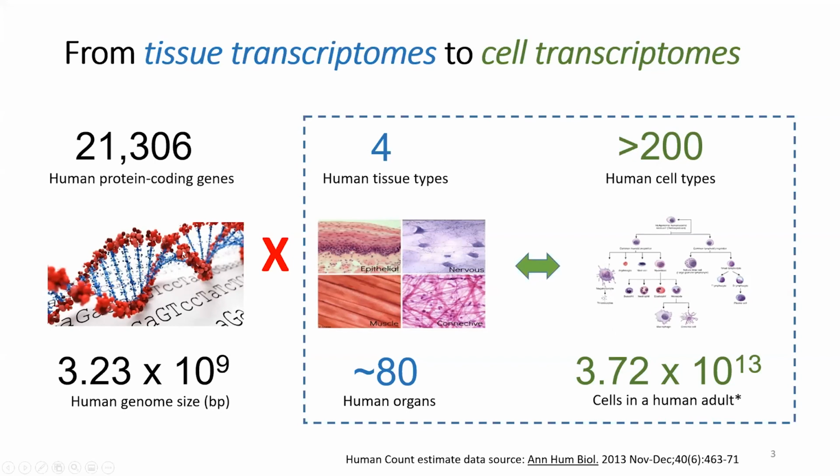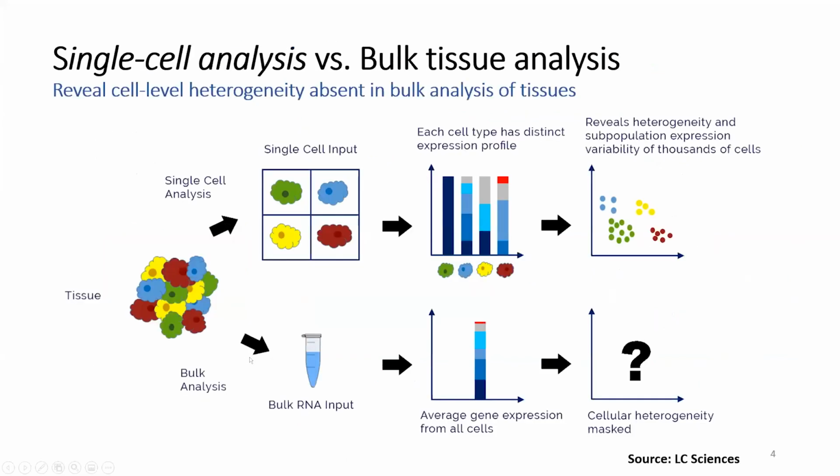If you multiply that with the number of genes or even base pairs, it quickly becomes mind-boggling. But this is what single-cell analysis is trying to do: get a heterogeneity survey of the tissues at a level that is more fine-grained than the tissues themselves.